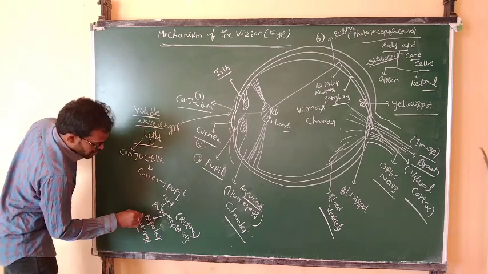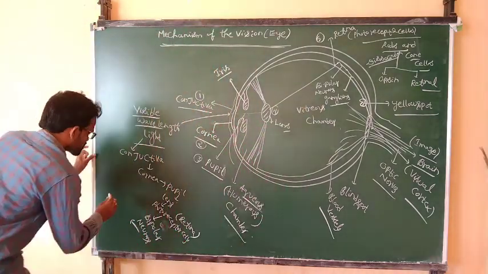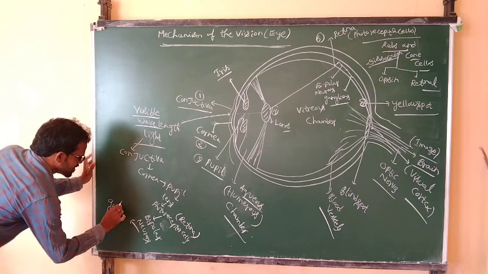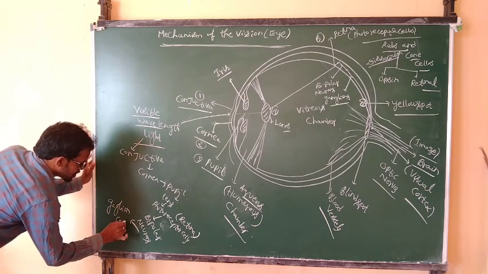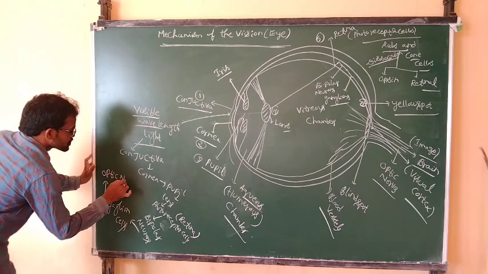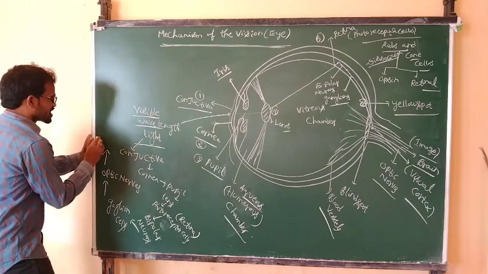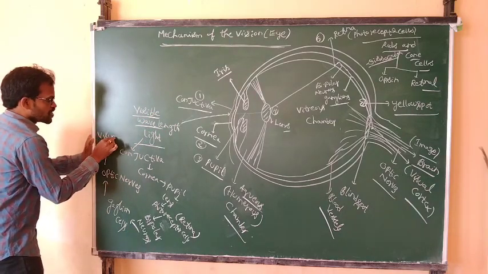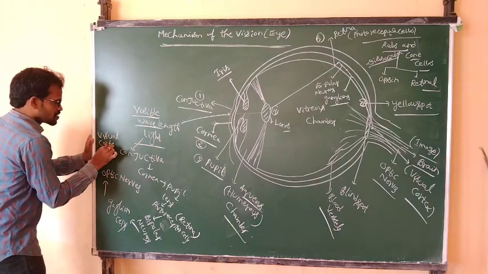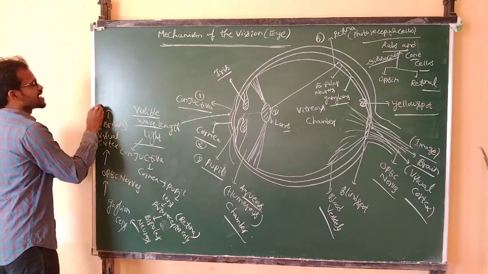The bipolar neurons pass the information to the ganglion cells, to the optic nerves, to the visual cortex present in the brain, which analyzes the image.